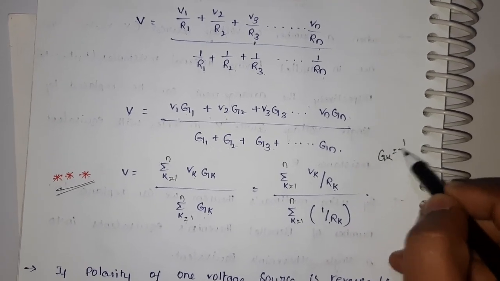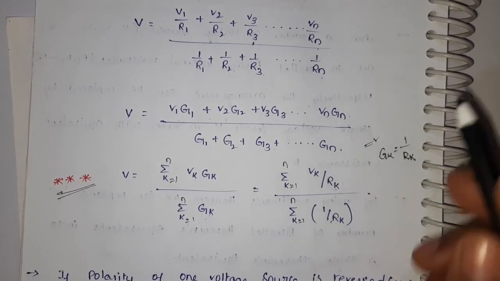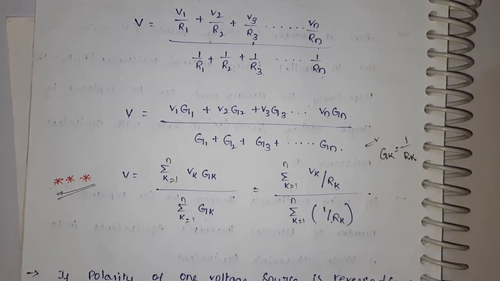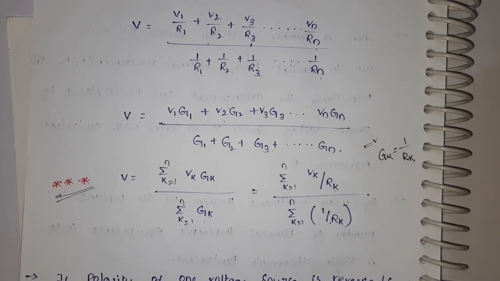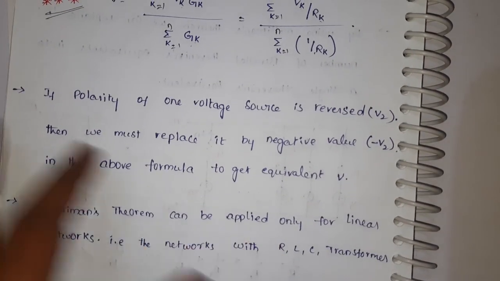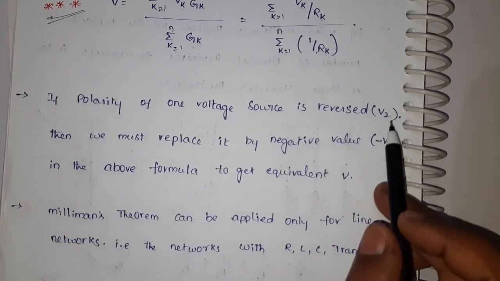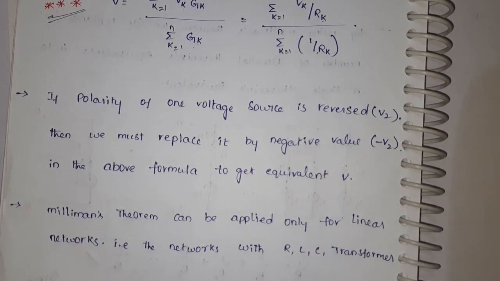This formula is very important in competitive examination questions. If the polarity of one voltage source is reversed, then we must take a negative value. Let us say V2 is reversed here, so we must take minus V2 while doing problems.